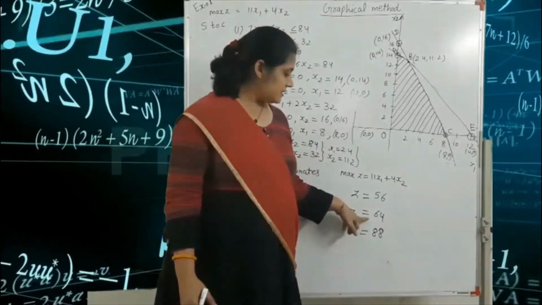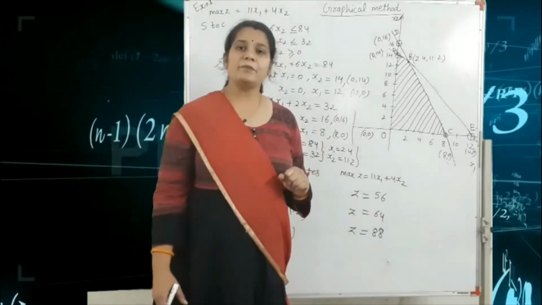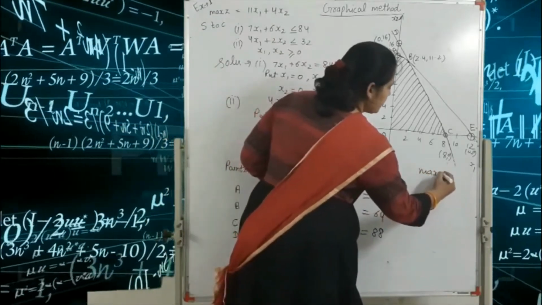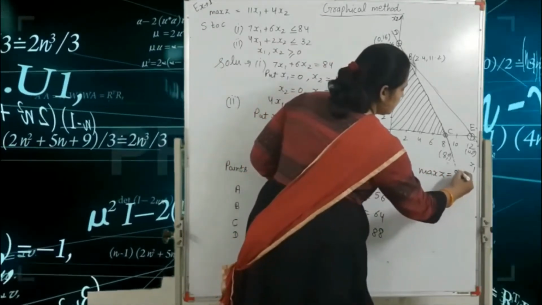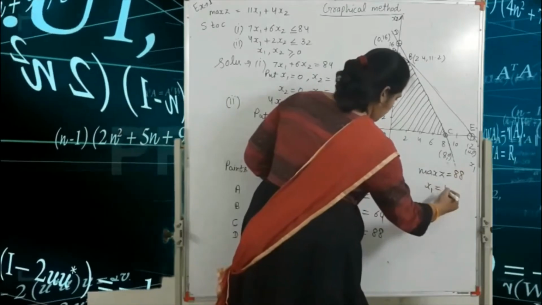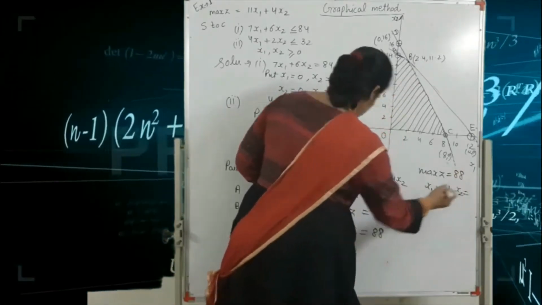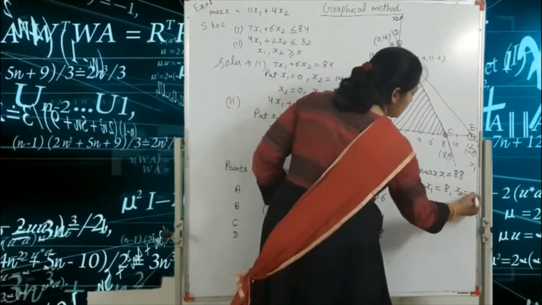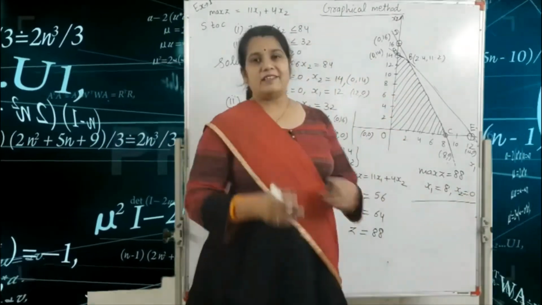So maximized z is equal to 88. We write the answer: maximized z is equal to 88, where x1 is equal to 8 and x2 is equal to 0. This is our final answer.